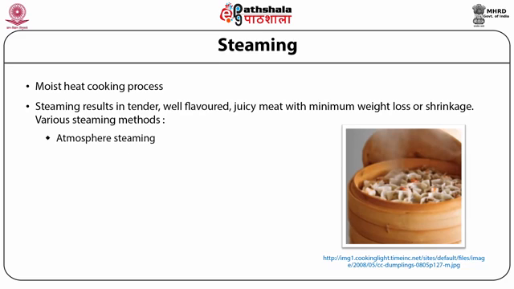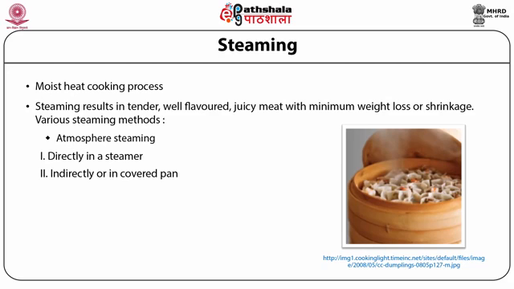In atmospheric steaming, meat is cooked directly or indirectly with steam in the following ways. Directly in a steamer: steam is generated within the steaming chamber or is fed into the chambers from a separate boiler. Indirectly, or in a covered pan: sealed containers of food are placed in a deep pan of boiling water.